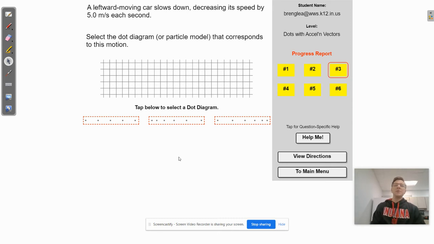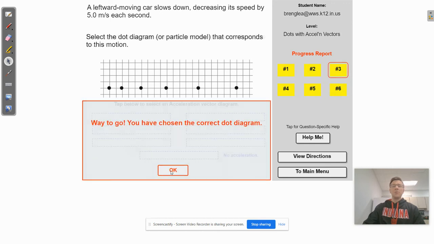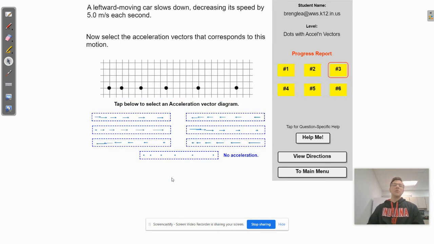So this says that a leftward moving car slows down, decreasing its speed by 5 meters per second each second. Choosing the motion map is the same idea. We're looking for the dots that show that as the car moves to the left, the spacing is getting smaller and smaller, right? This is showing that the car is slowing down as it moves to the left. So the acceleration vectors are different than the velocity vectors.